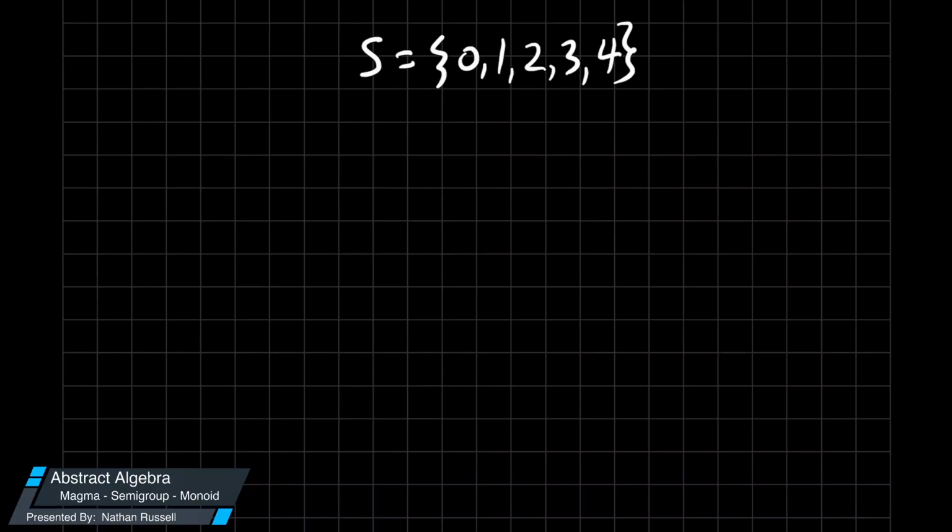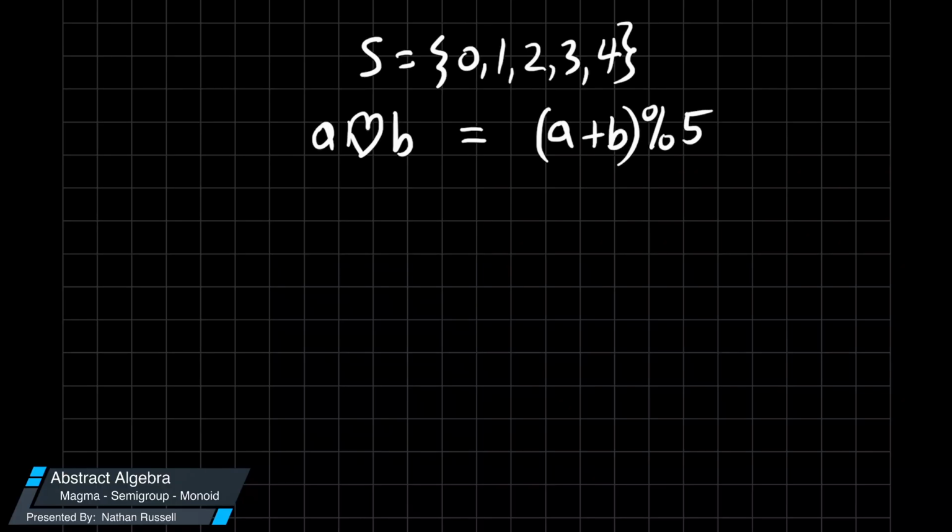And let's define the operation heart to be this. Let's see if I can draw a heart. A heart B is my operation, and that will be the same thing as saying: you take A, you add B to it, and then you take the modulus 5 of it.